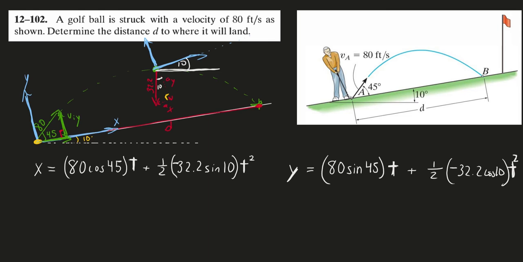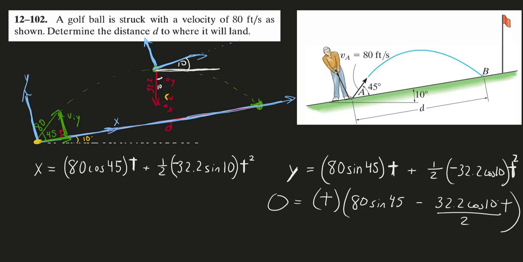We know at this impact site, our golf ball is at a y-coordinate of 0. That golf ball is perfectly on that x-axis, which makes its y-coordinate 0. So we can throw in 0 for the y, and we can solve for what the time of impact is.